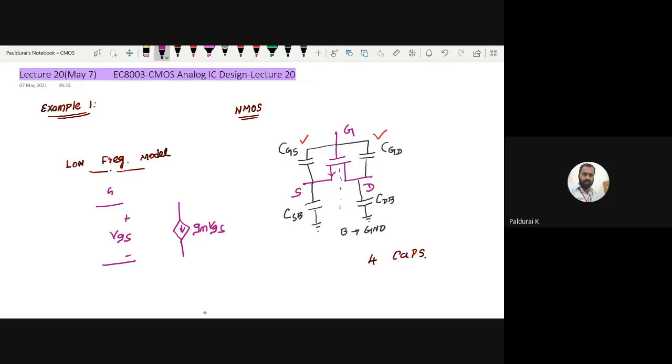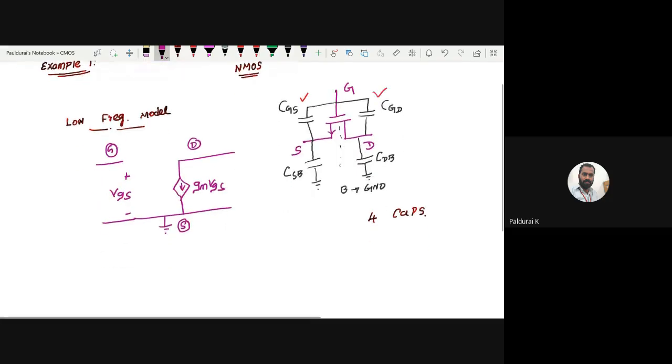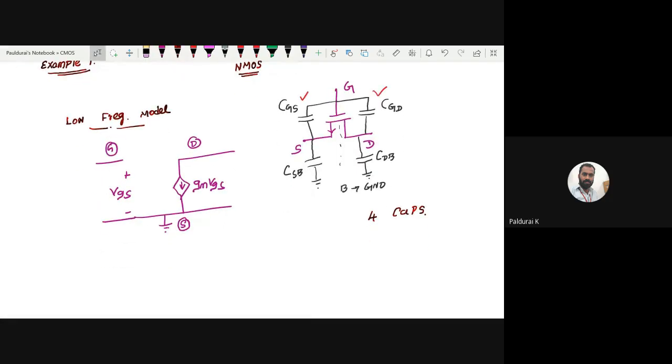This is my gate, this is my drain, and this is my source. This is my low frequency model.